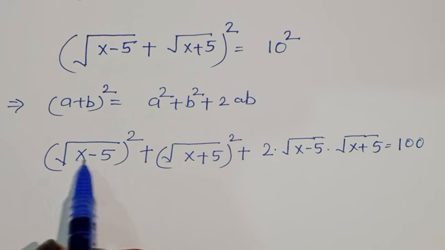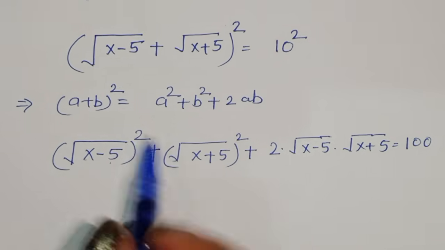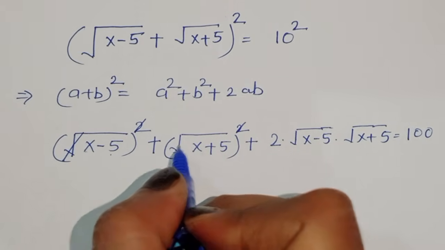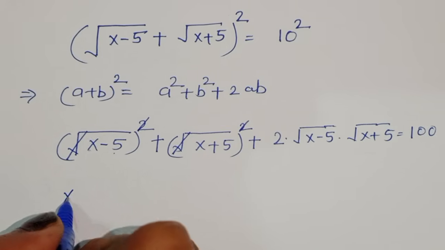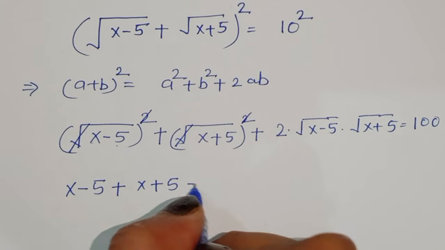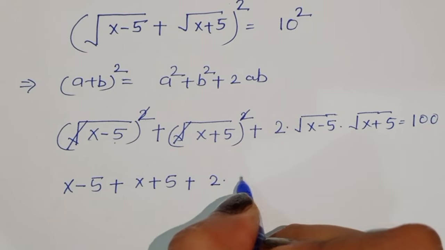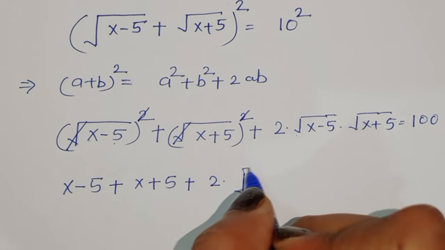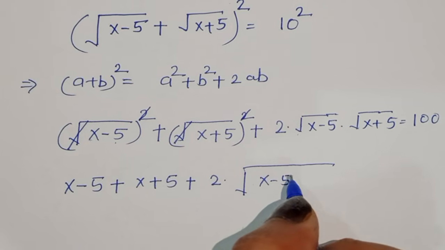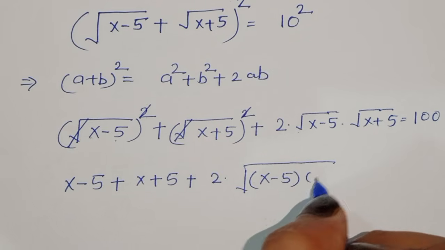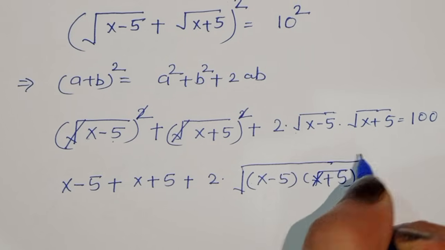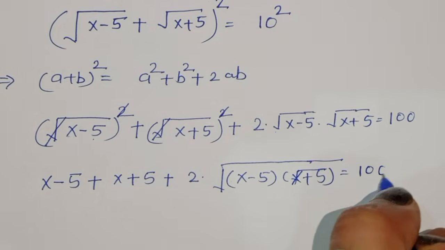Now you can see x minus 5 under square root and here square, so the square is cancelled from the square root. Same here. So we will get x minus 5 plus x plus 5 plus 2 times square root of x minus 5 times x plus 5 under square root, equal to 100.